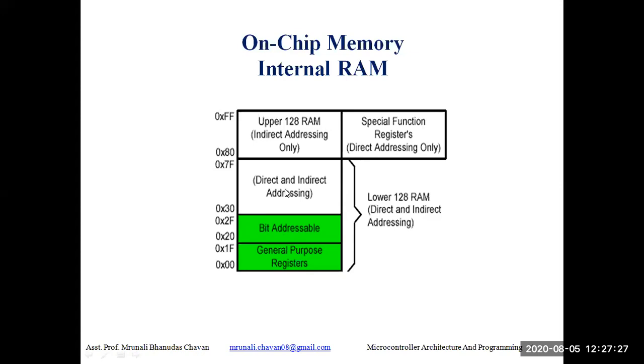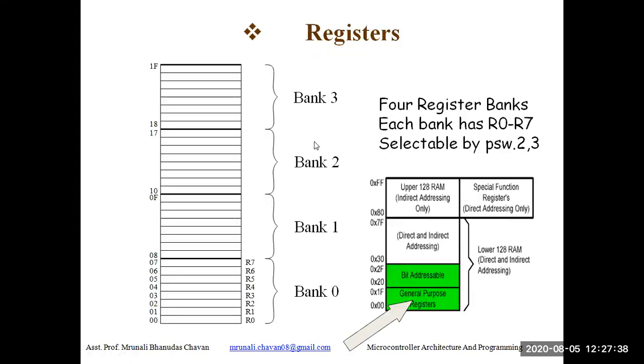We will first see these 128 bytes. Then we will focus on the special function registers and the upper 128 bytes. So see first the registers, from 00 to 1FH.